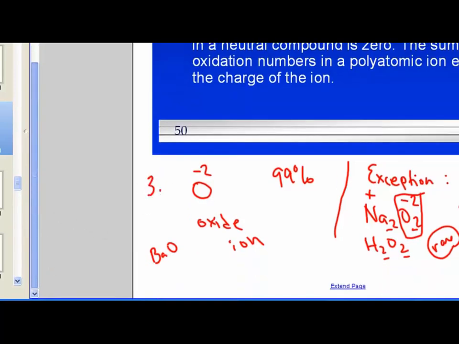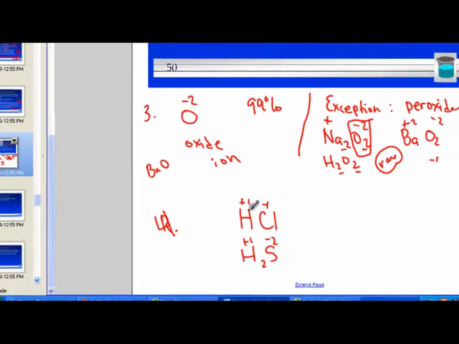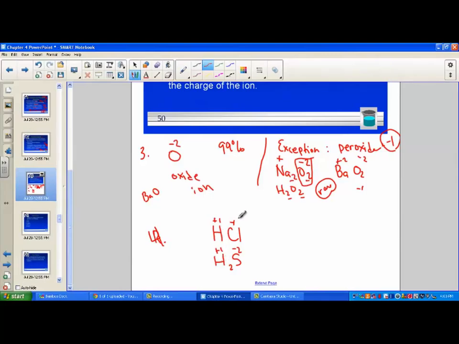It says if hydrogen is written in the first position, bonded to a nonmetal, HCl, I'll do H2S, just based on charge, +1, -1, +1, -2. If I have hydrogen written in the first position, bonded to a nonmetal that carries a negative charge, hydrogen is a +1.